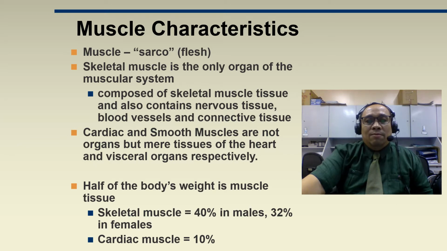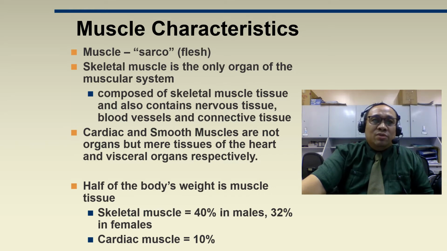Okay, when we speak of the organs of the muscular system, only the skeletal muscles are considered to be the whole organs that make up the muscular system. The cardiac as well as the smooth muscles are just considered as tissues and not entirely considered as whole organs themselves. And these skeletal muscles, just like any organs of the body, will contain nervous tissues, blood vessels, and connective tissues.